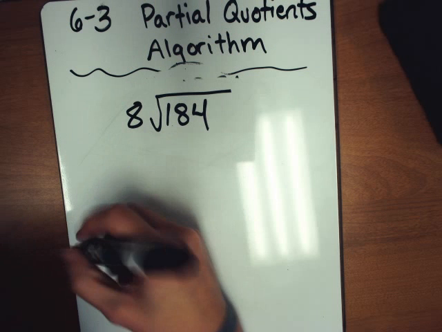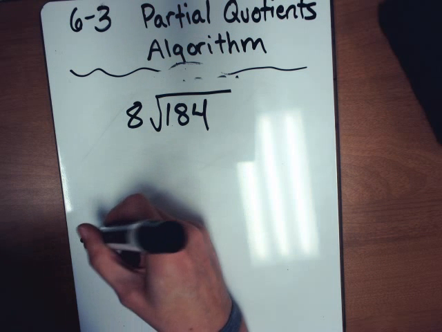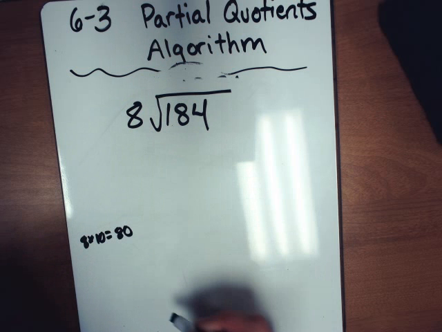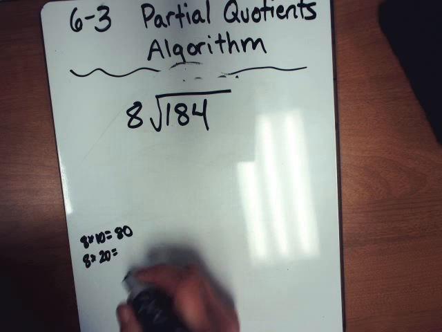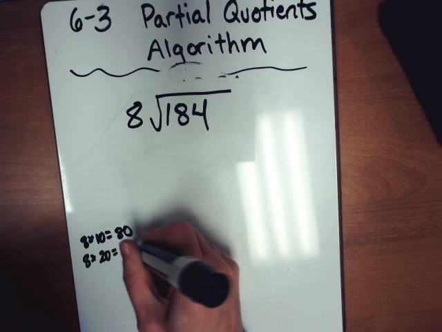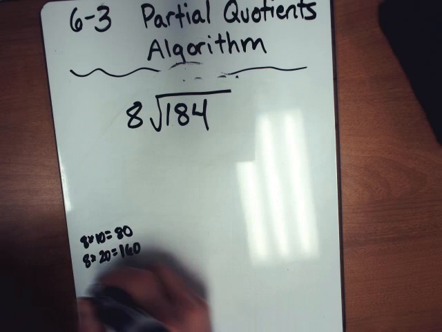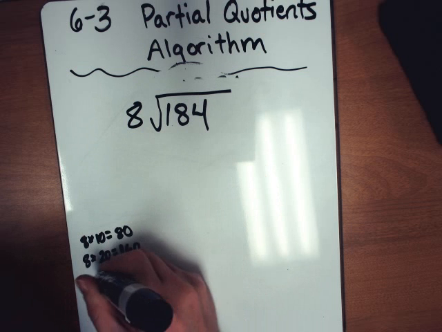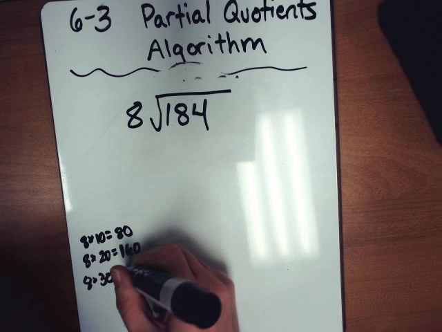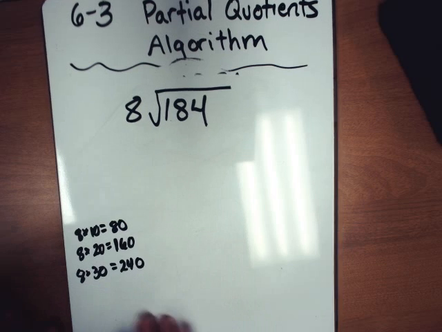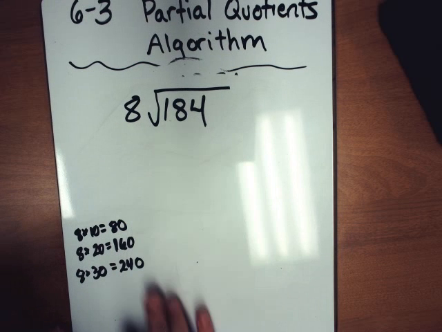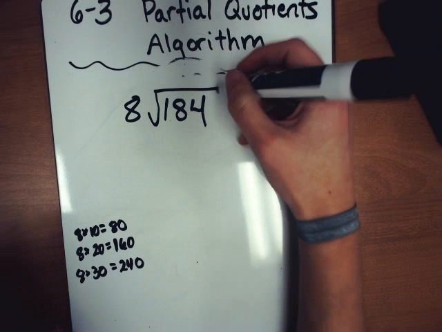I know that 8 times 10 gets me 80. I know that 8 times 20 then will get me 160, which is pretty close here. 8 times 3 is 24, and then my 0. So I'm going to go ahead and stop right here and use this number because it's pretty close to my dividend.